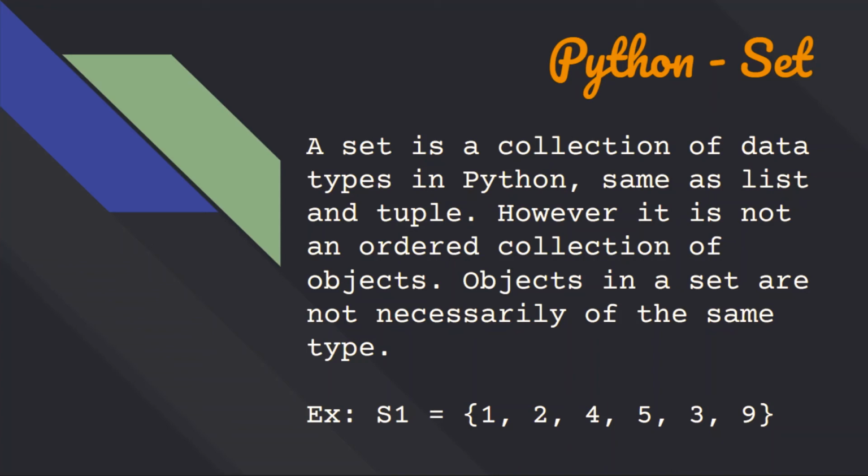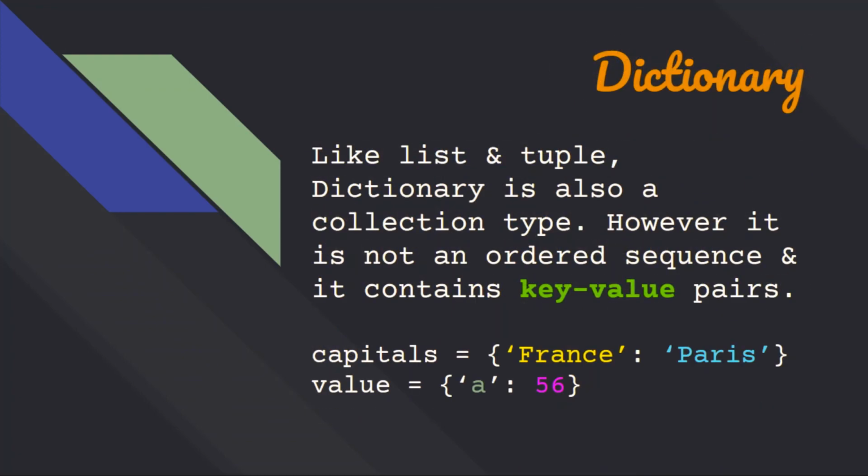I could even define a set of all floats or a set of all complex numbers, but in a set you can also define a collection containing three data types: integers, floats, and complex numbers. So it's not necessary that we have the same data type in a set.